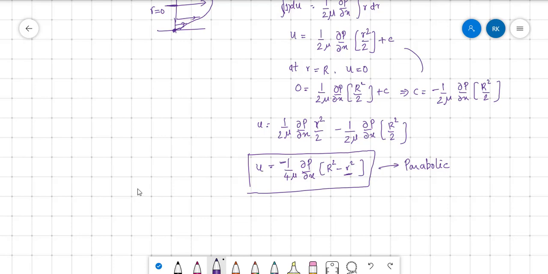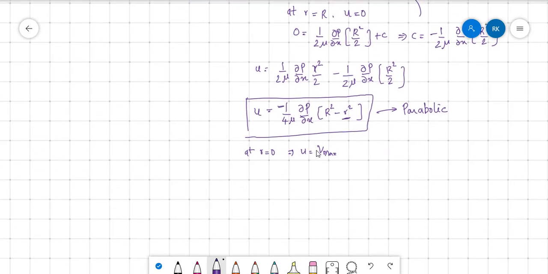So what will be the maximum velocity? At r is equal to 0, u is equal to maximum. So velocity will be maximum, or I'll write it u max. U max will be minus 1 by 4 mu dou p by dou x.